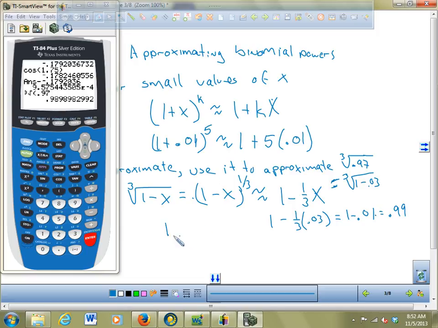So if you had a function like 1/(1 minus x), you could write this as 1 minus x raised to the -1. And so the linearization of that would look like 1 plus x. I'm just doing another little side example. So if I had something like this, I could rewrite this as the power to the -1.